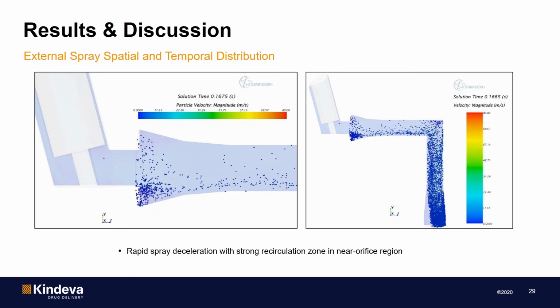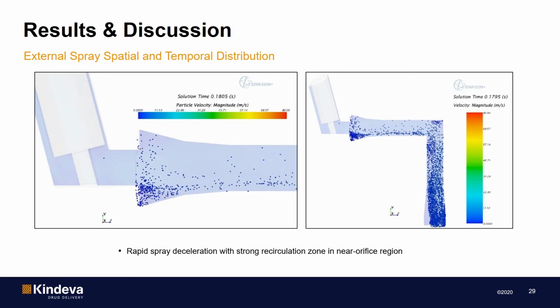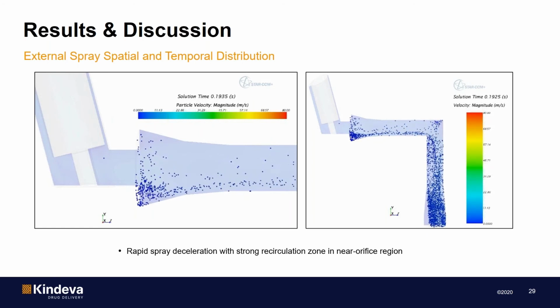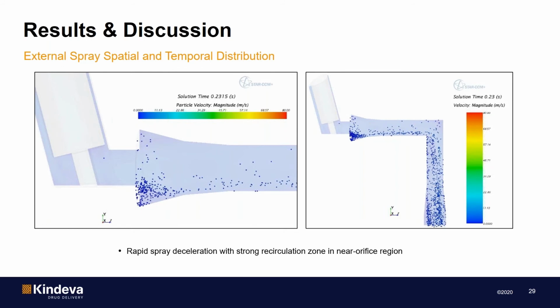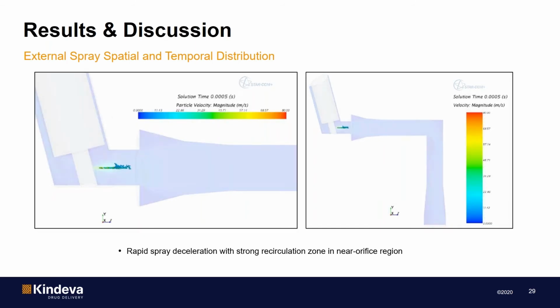Towards the end of the actuation, the spray exits the outlet region of the induction port at a very low velocity, probably below 1 meter per second. So the key thing here is that we observe a very strong recirculation zone very close to the spray source, and also a rapid deceleration rate of the spray.